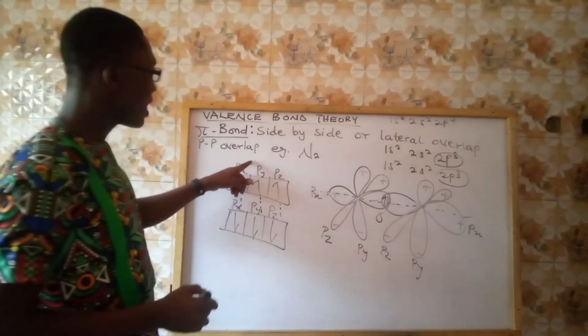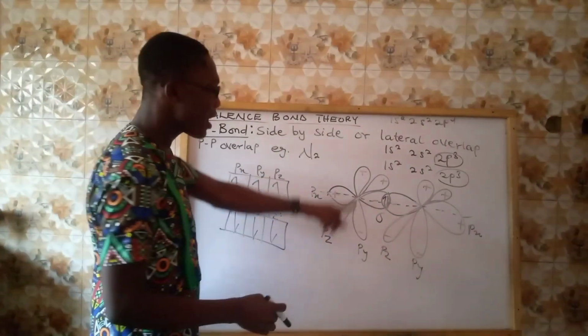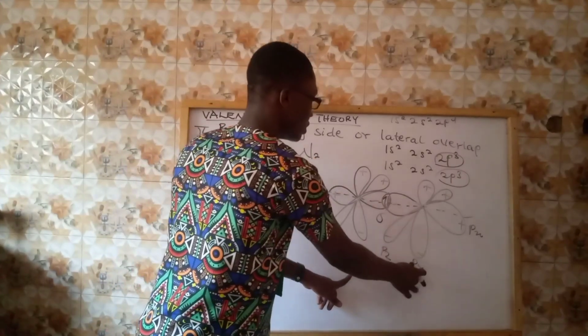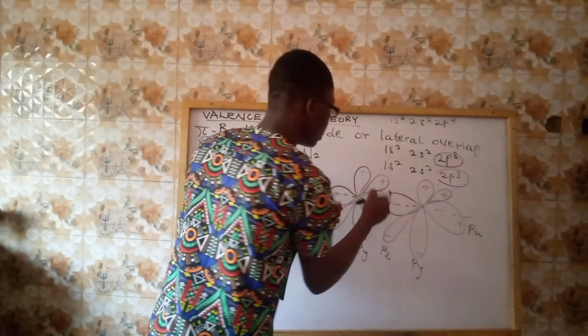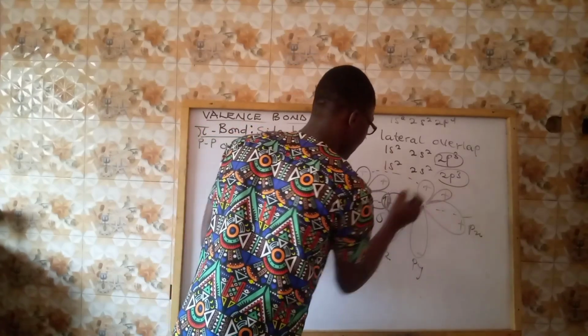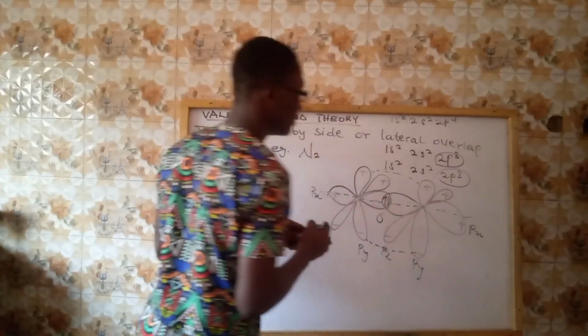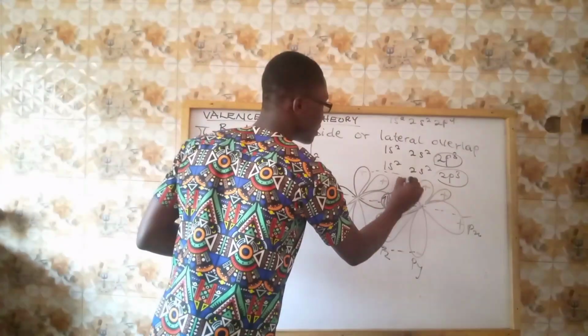And now for py and py, you have py here and py here. These ones will overlap laterally, or side by side. So this is a pi bond.